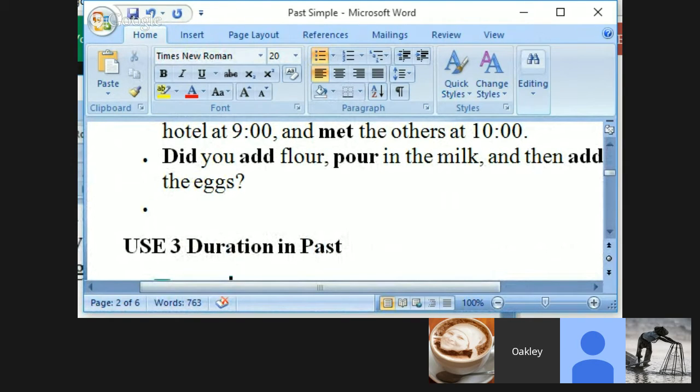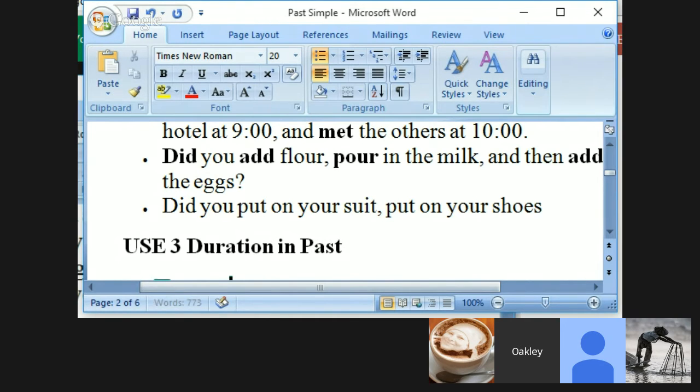Did you put on your suit, your shoes? Put on your shoes and put your socks. Which comes first, shoes or socks?